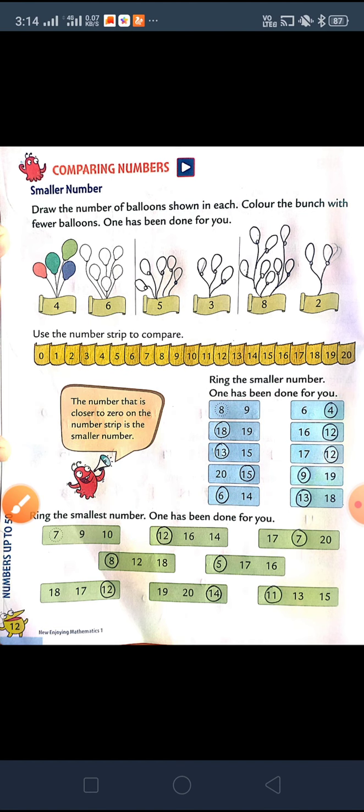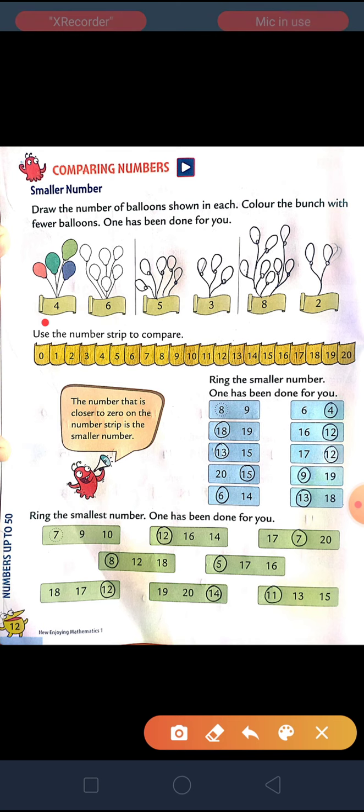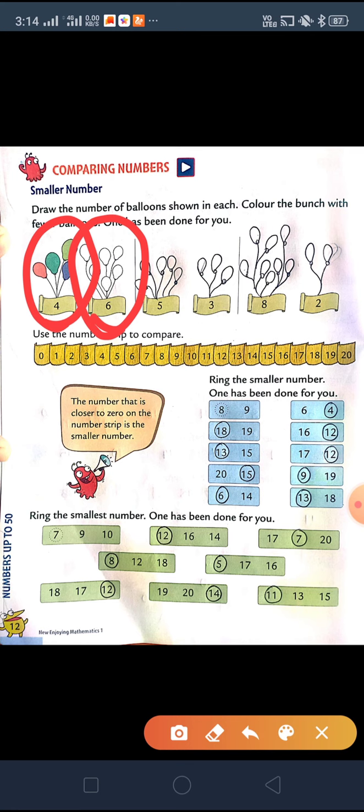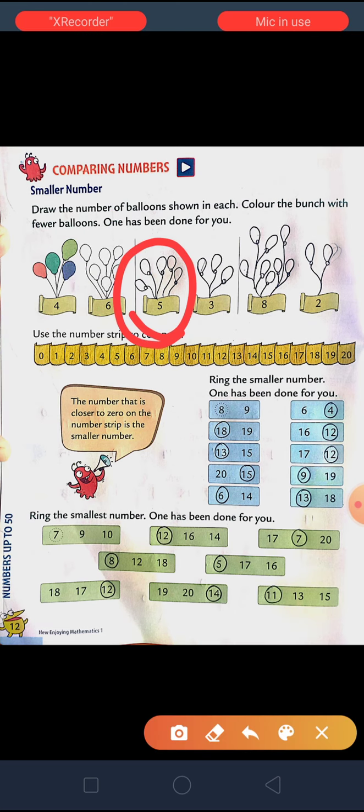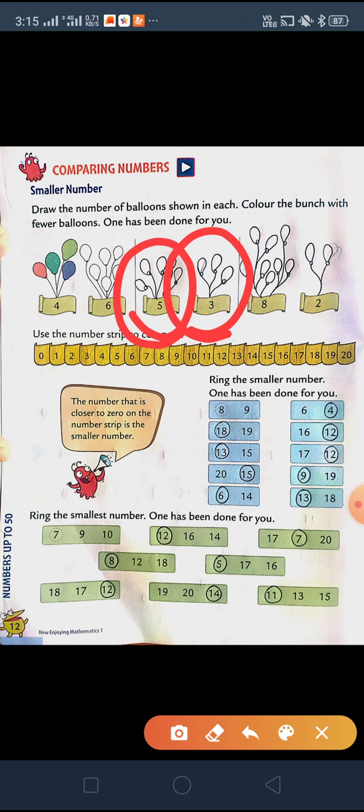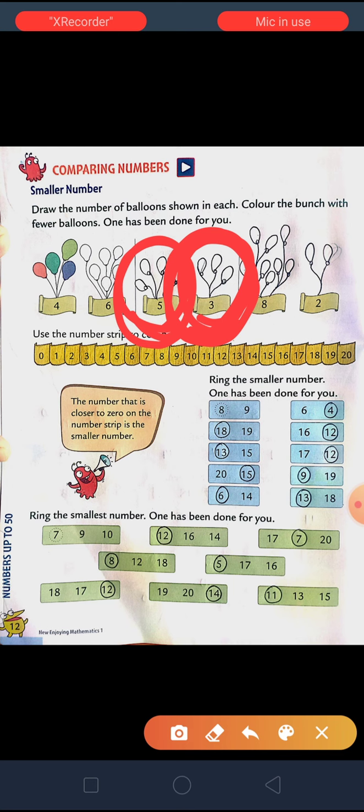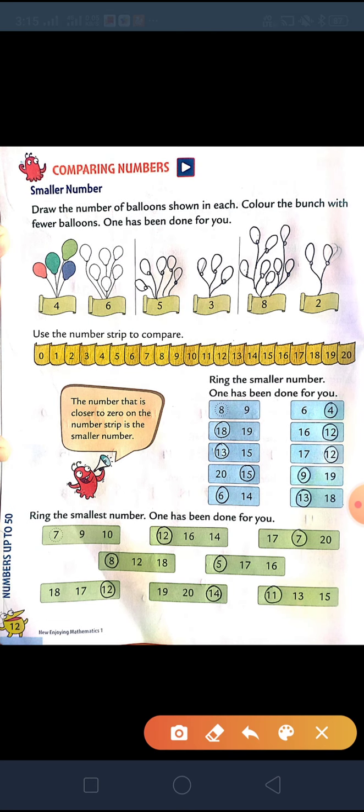Now next, they have given us here 4 balloons and here 6 balloons. So 4 will be less compared to 6. Here they have given us 5 and 3, and we have to draw 5 balloons here and 3 balloons here. As you draw the balloons, you will come to know that 3 is smaller than 5.